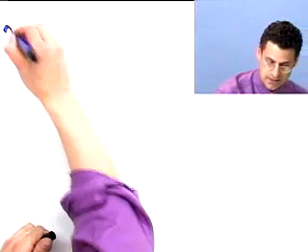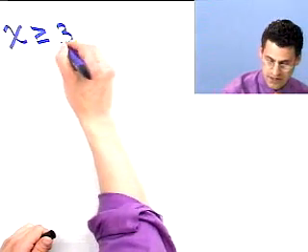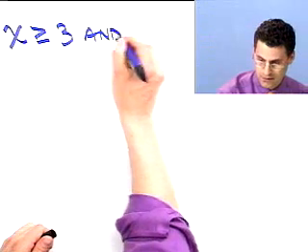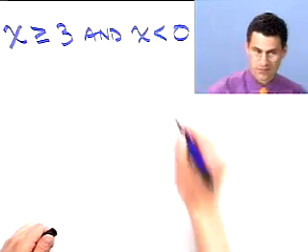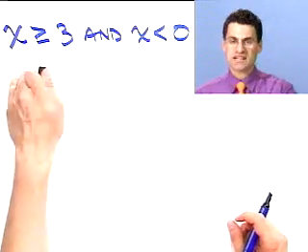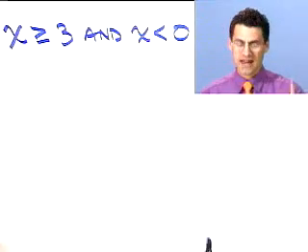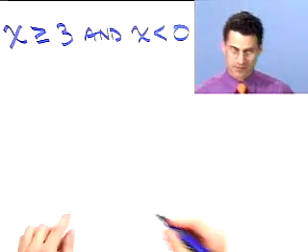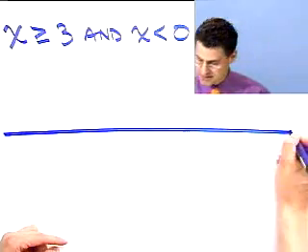Let me try one little last example. Suppose I say to you x greater than or equal to 3 and x less than 0. And means these both have to be satisfied at the same time. So I'm looking for an x that will do both of these at the same time. Well, let's try to graph this and see what it looks like.